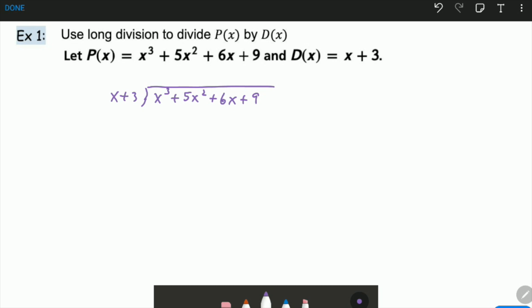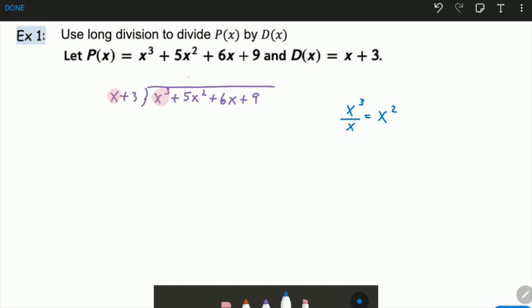And the way it works with polynomial long division is you're going to focus on the first term of the divisor and the first term of the dividend. We need to know how many times x goes into x to the third. In other words, we're just going to take x to the third and divide it by our divisor's first term, x, which gives us x squared. So we know x goes in x squared times.